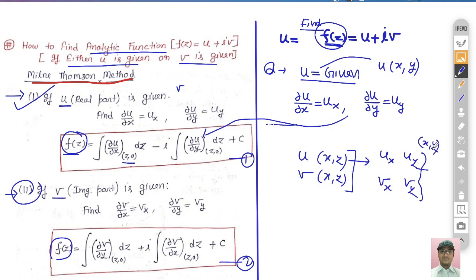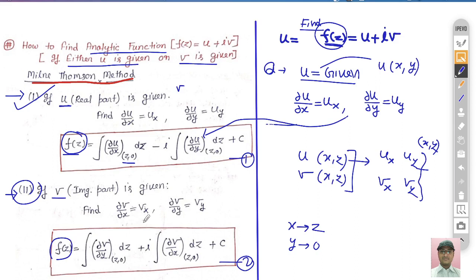So once you differentiate, you put (z, 0), meaning x is replaced by z and y is replaced by 0. So this is totally a function of z, right? In place of x you put z, in place of y you put 0, and integrate this function. You will get the complex function.